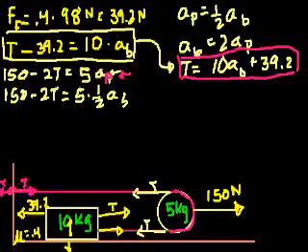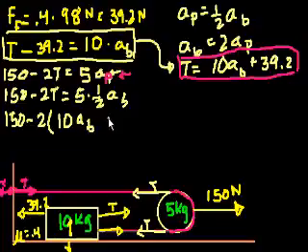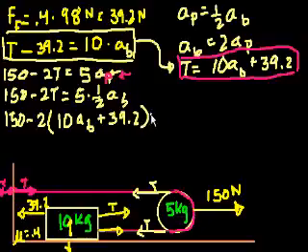We get 150 minus 2 times this expression. This is the tension in the rope. 10 times AB, acceleration of the block, plus 39.2 is equal to 5 times 1/2. Well, what's 5 times 1/2?